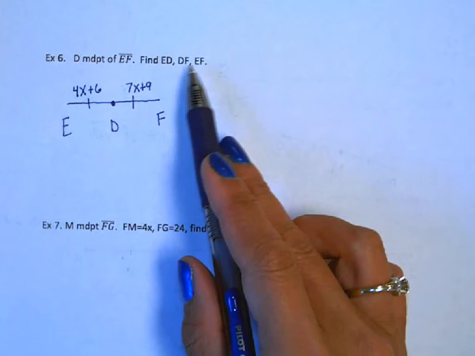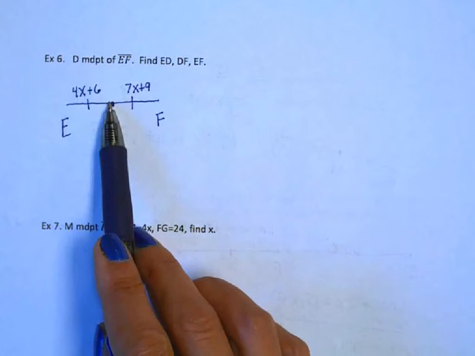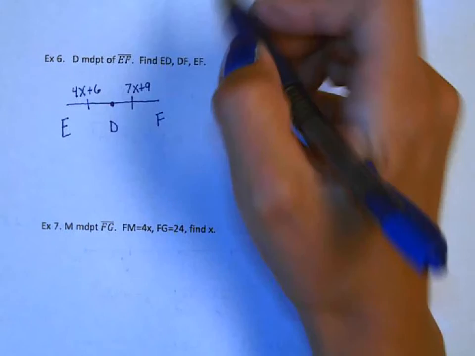Because I'm trying to find some lengths, and I've got an unknown in there, I've got to write an equation. What equation can I write? What do I know about those 2 pieces? Lucas? 4x plus 6 equals 7x plus 9. You are right. Because it's a midpoint, it's in the middle, these 2 pieces have to equal each other.